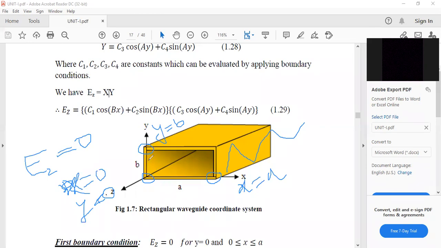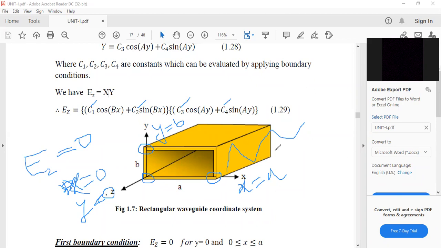By using these 4 boundary conditions, we are going to evaluate c1, c2, c3, and c4. That is the concept.